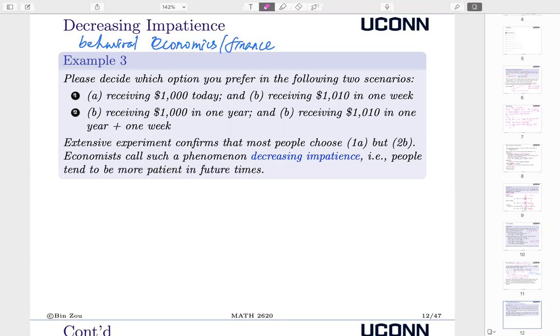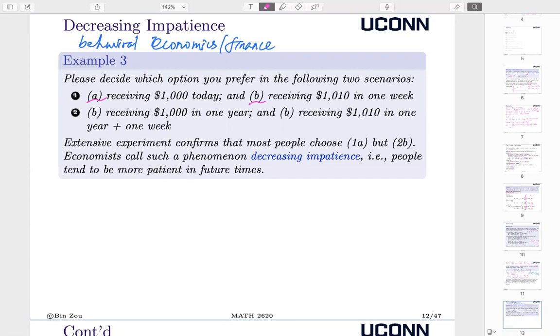Opportunity B, you will receive 1,010 dollars in 1 week. So the difference between A and B is, are you willing to wait one entire week just for 10 more dollars? Right, so that is a question.